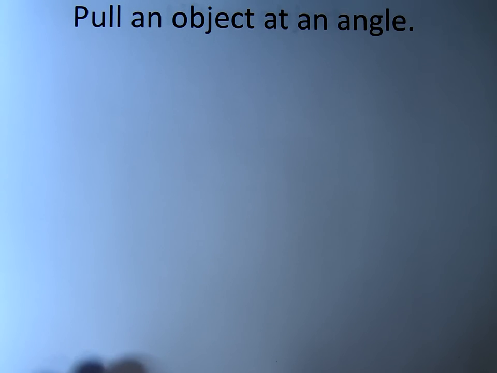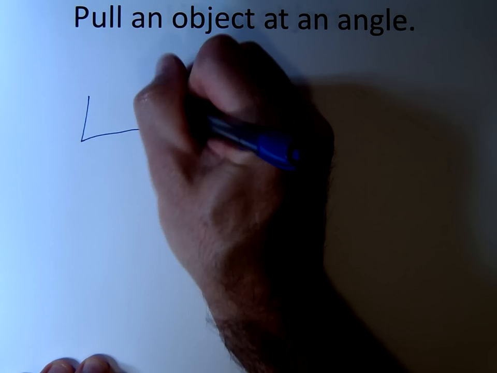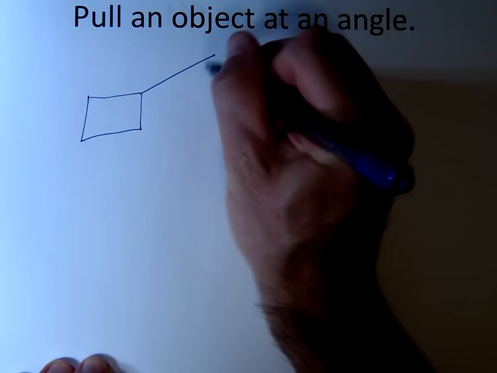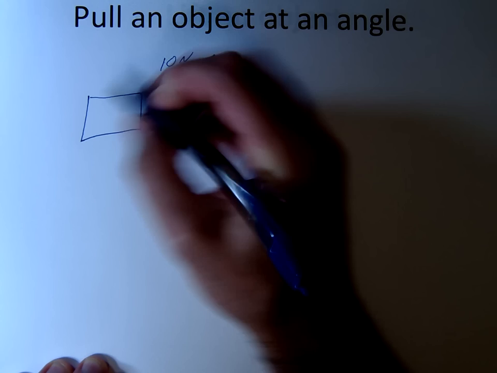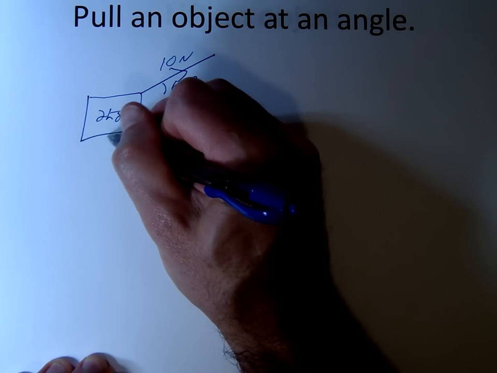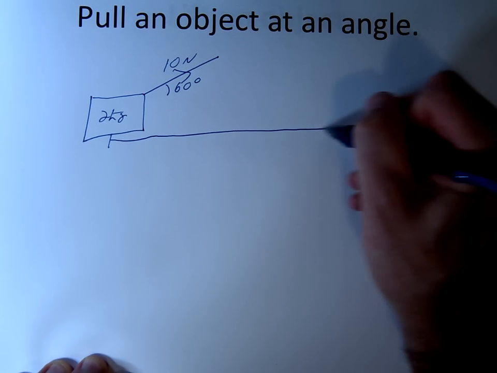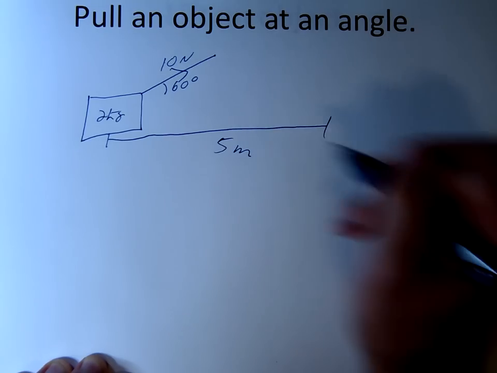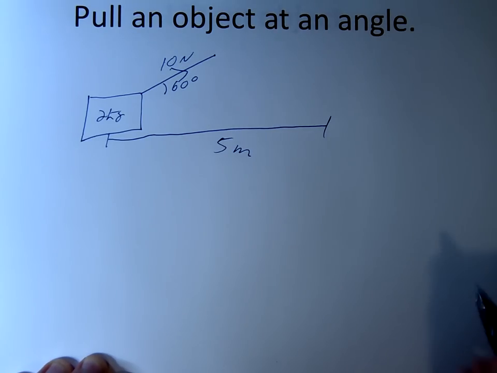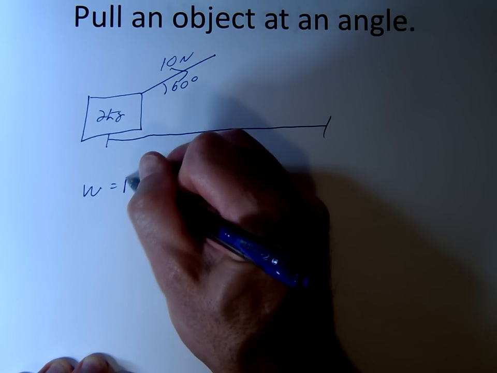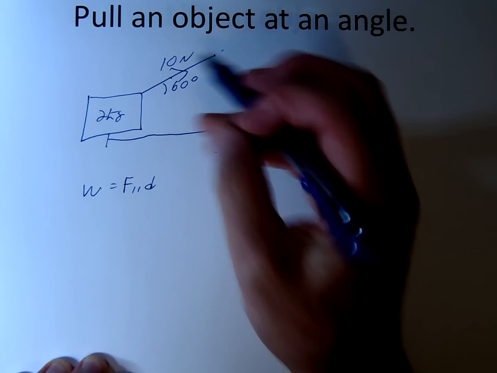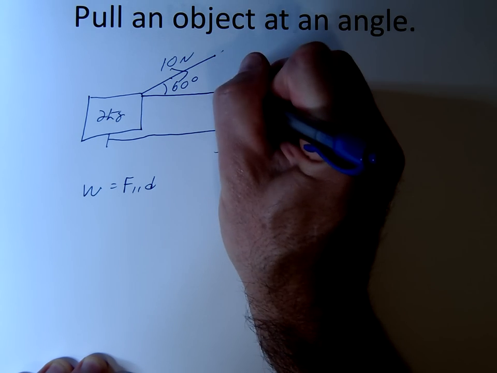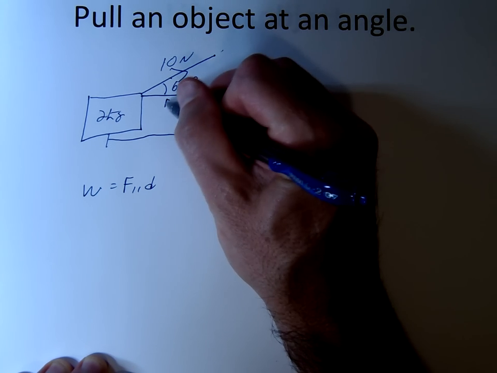What about this? What if we pull an object at an angle? So let's say this time I'm pulling with 10 newtons, let's say it's 60 degrees. 2 kilogram object, and we'll pull the same 5 meters. Okay, so remember, since work is force parallel to distance, since my force is not parallel, what I have to do is find the component of force that is parallel.